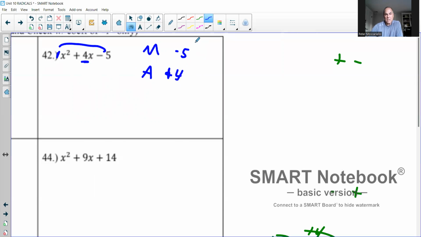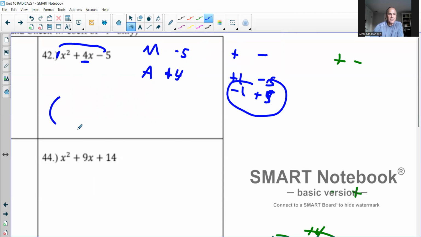So we talked about this a lot. If we multiply to a negative, it's going to be a positive times a negative. So what gives me 5? Positive 1, -5, or -1, +5? Which of those adds to positive 4? -1, +5. So it's x minus 1, x plus 5. That's it. You can always FOIL it out to check if you want.